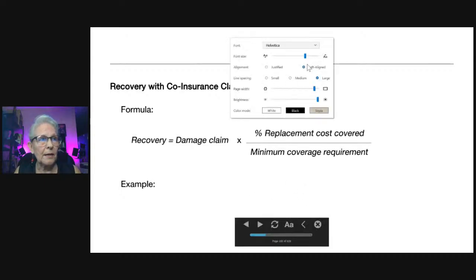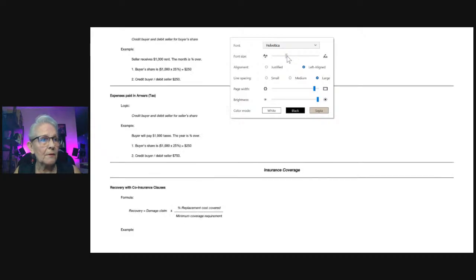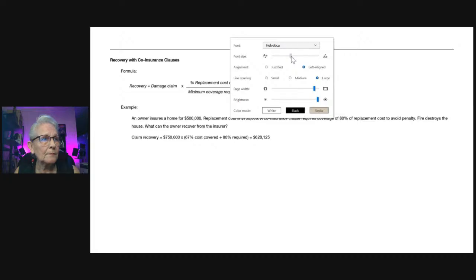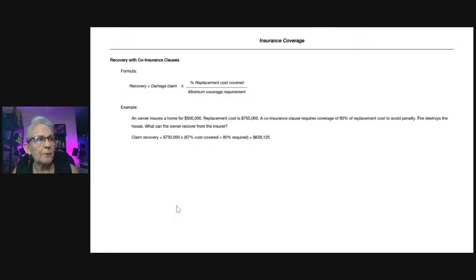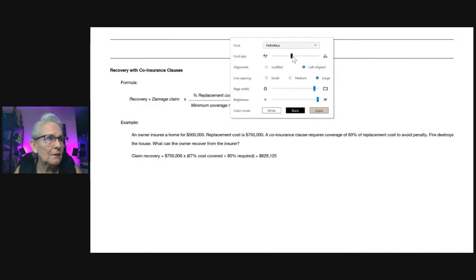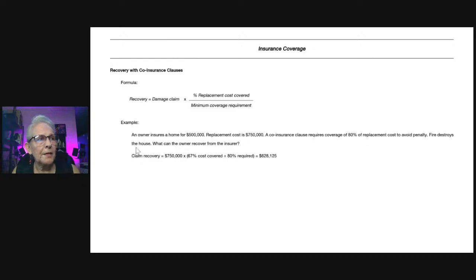Okay, I'm going to have to make it smaller so we can see it all on one page. There we go. So an example. An owner insures a home for $500,000.